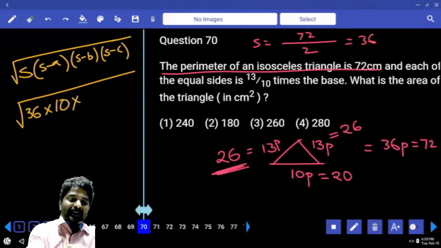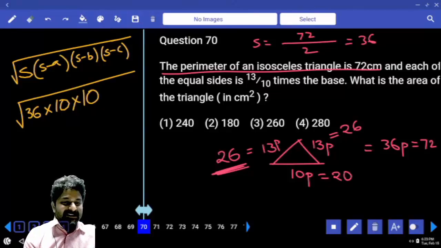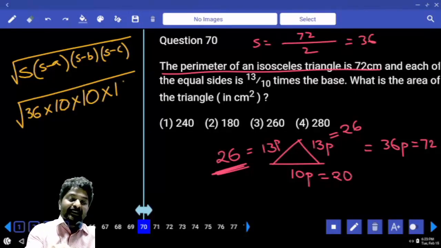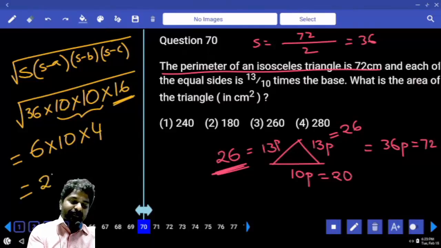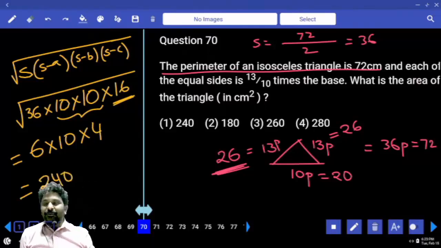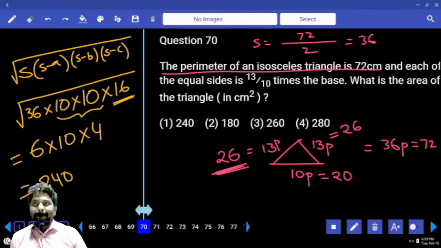S minus B, 36 minus 26, 10. S minus C, 36 minus 20, 16. Under root of 36, 6. This is 10 square. Under root of 10 square, 10. And this is 4 square. Under root of 16, 4. So what is your answer? 6 into 4, 24, and then a 0, 240 square centimeters.